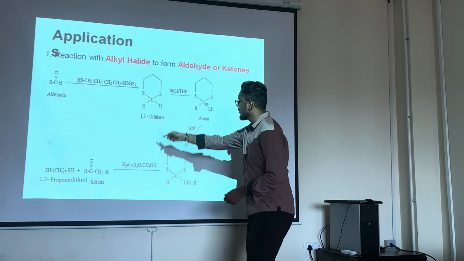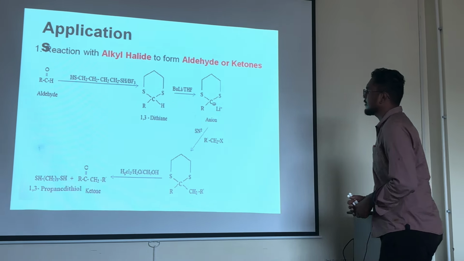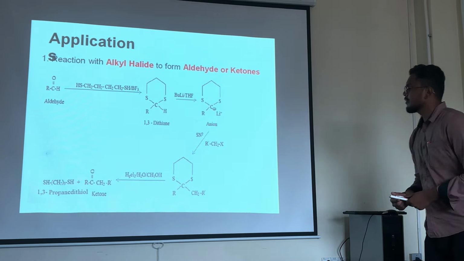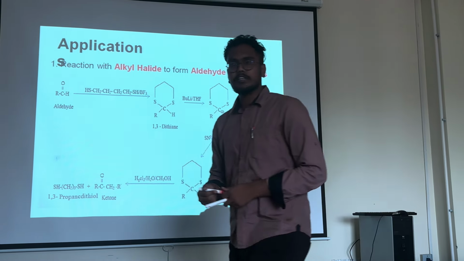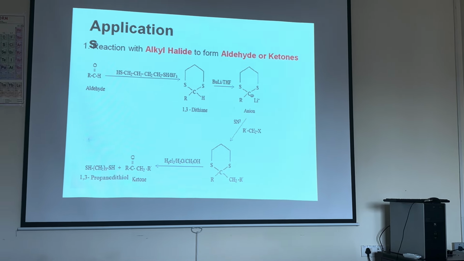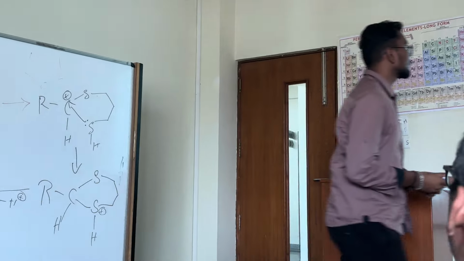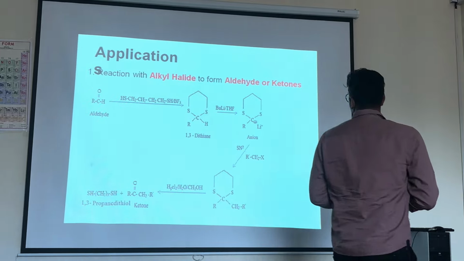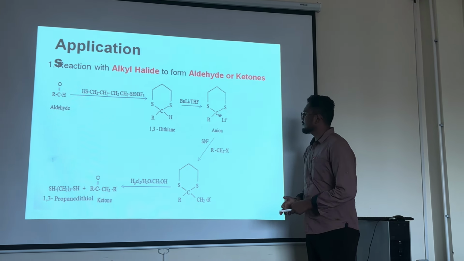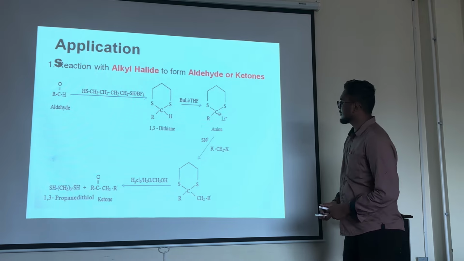Again it forms 1,3 dithiane and reacts with butyllithium in tetrahydrofuran. Tetrahydrofuran is a 5-membered ring with 1 oxygen. The carbon with negative charge undergoes an SN2 reaction.